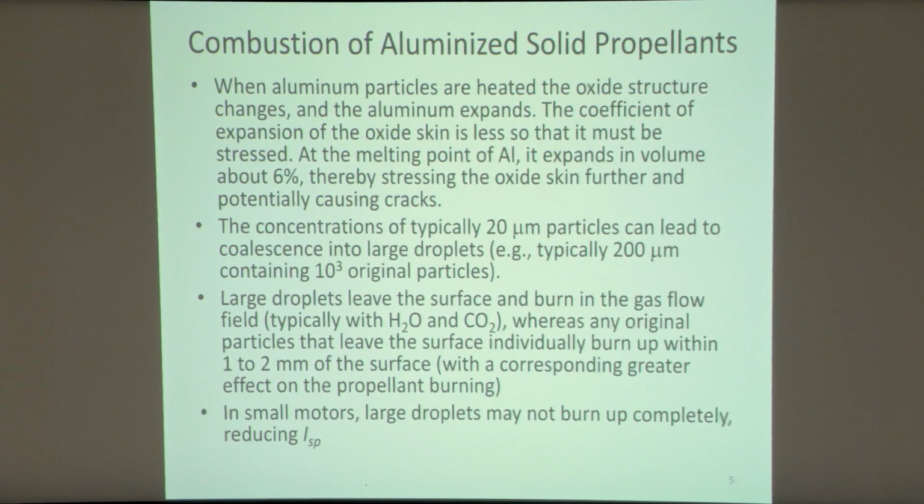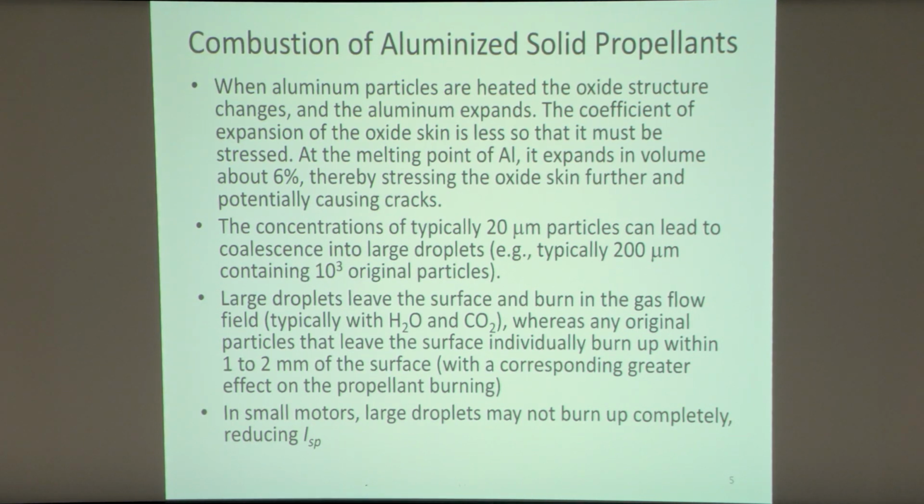So I think I have some cartoons in a second. When aluminum particles are heated, the oxide structure changes and the aluminum expands. The coefficient of expansion of the oxide skin is less, so that it must be stressed. At the melting point of aluminum, it expands in volume about 6%, thereby stressing the oxide skin further and potentially causing cracks.